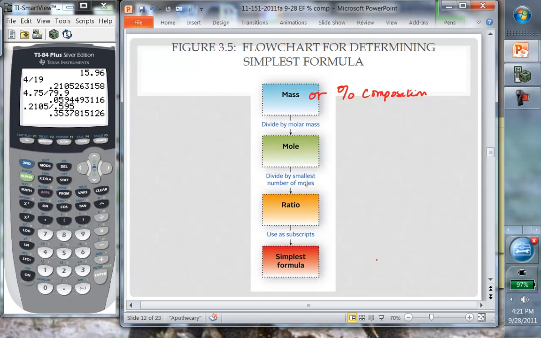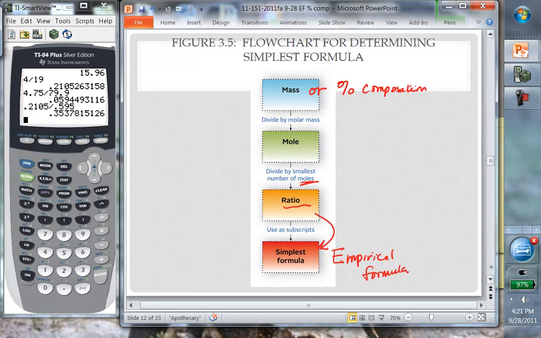We will divide it by the smallest number of moles to get something that will be close to a whole number ratio, and we may need to fix it a little bit, and ultimately we will get a simplest formula, which is your empirical formula.